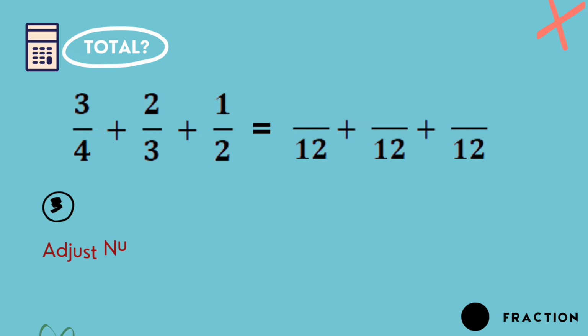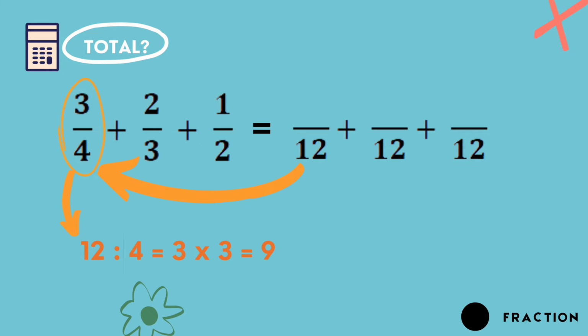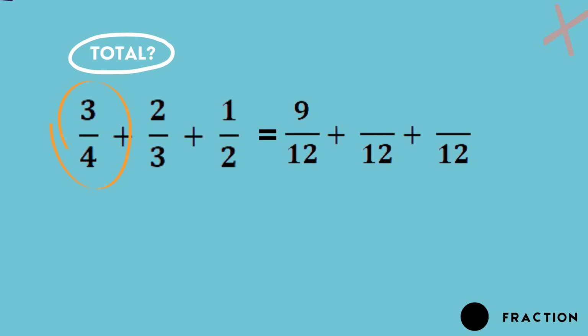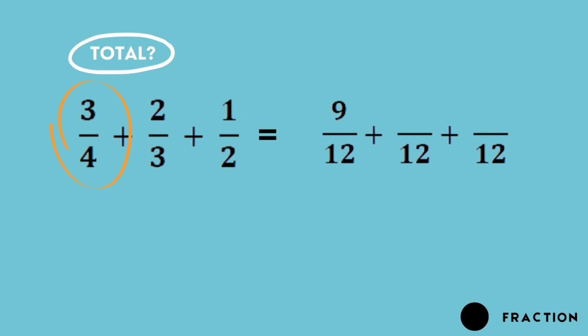The next step, after making the denominators equal, we adjust the numerators. We change the numerators by dividing 12 by the previous denominator, then multiplying by the numerator. So, 12 divided by 4 equals 3, and then 3 times 3 equals 9. Then we have 9 over 12.